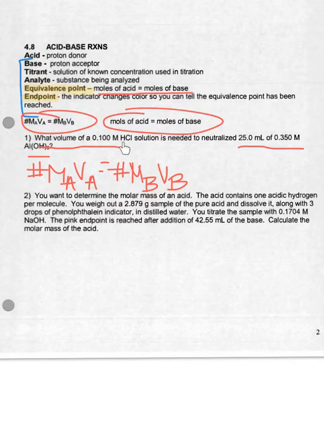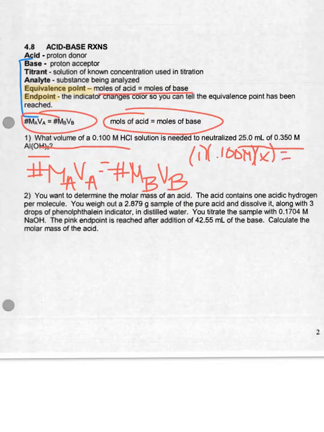That one only has 1, so we're going to plug in 1 times the molarity, which is given to us in the problem. And then we're solving for volume, so that's X.